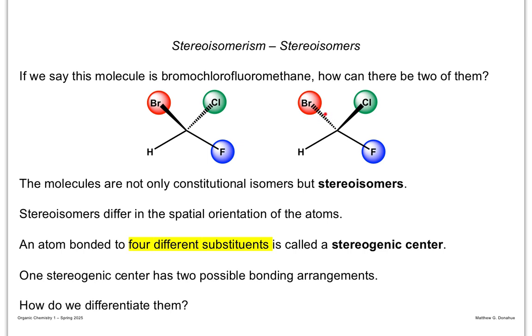On this one, the dashed means it's away from you. So the relationship between these, again, it's the same connectivity, but the spatial orientation is different. So they're called stereoisomers. There's four substituents, H, F, Cl, and Br. So that's a stereogenic center. And the question now is, how do you differentiate them? How do we even know they exist?